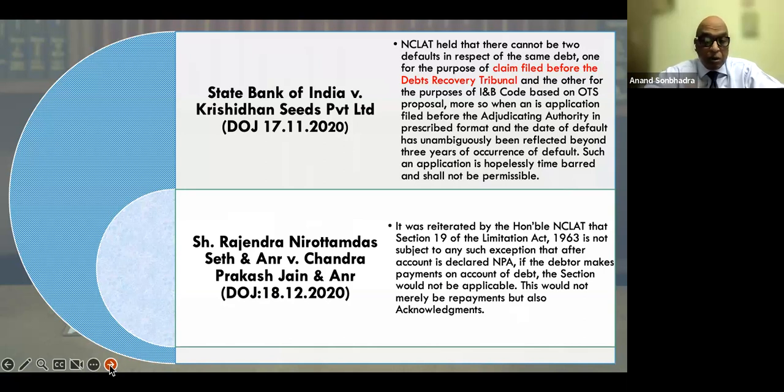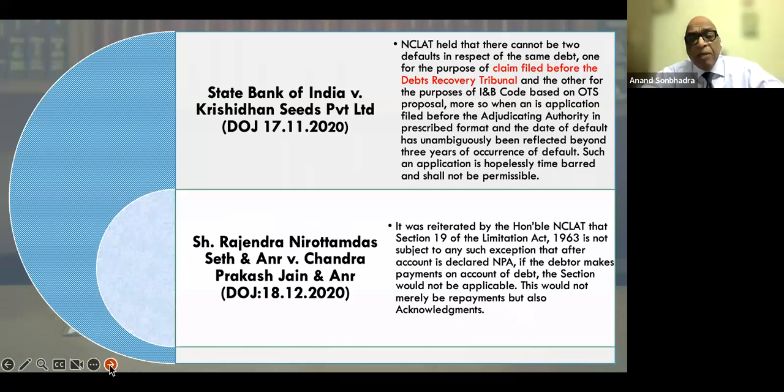So the key point here is that the date of default could be the start of the run period. The date of NPA could be 90 days beyond that or 6 months beyond that, depending on how it is there and the bank's discretion to declare the NPA.